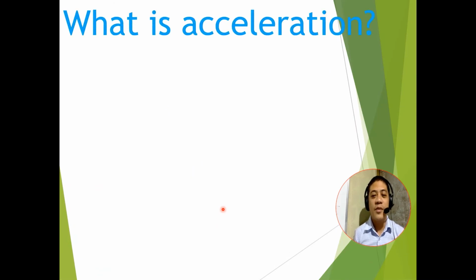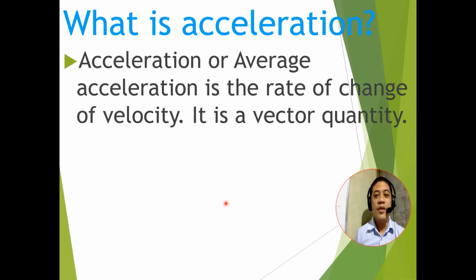So what is now acceleration? Acceleration or average acceleration is the rate of change of velocity. It is a vector quantity. When we say a vector quantity, acceleration has both magnitude and direction.